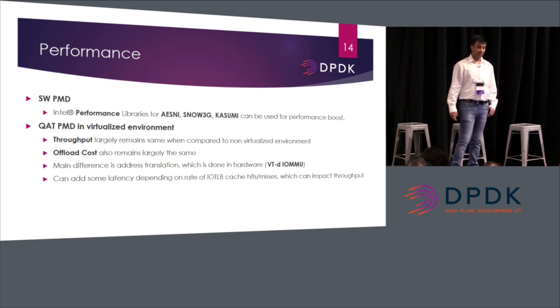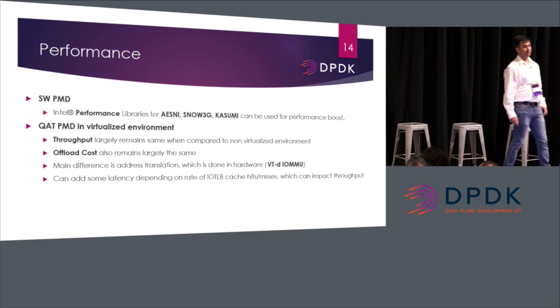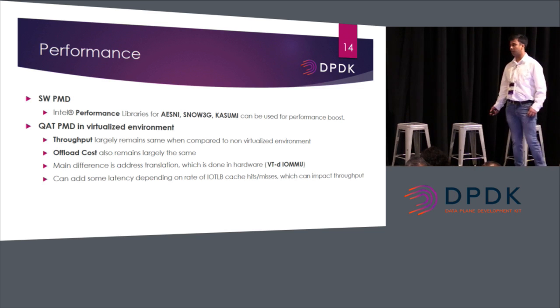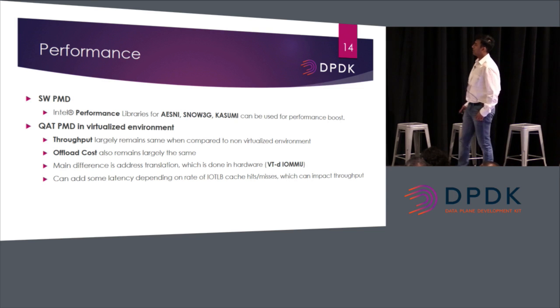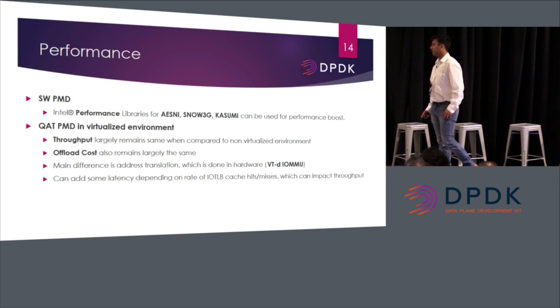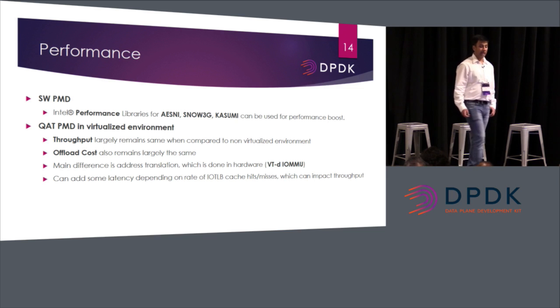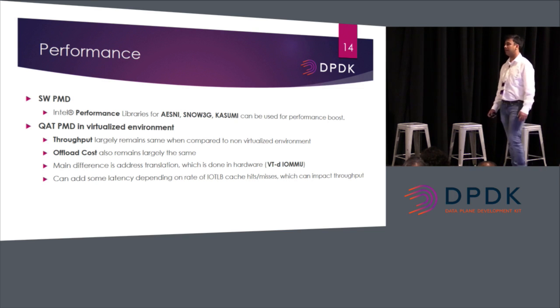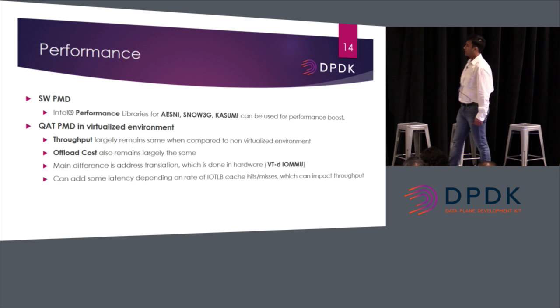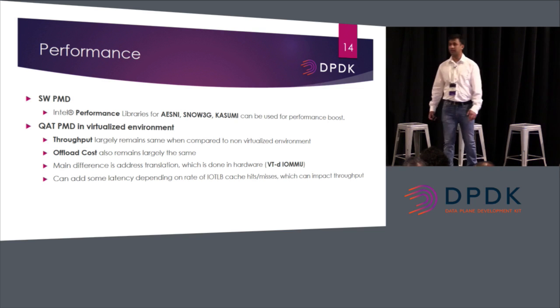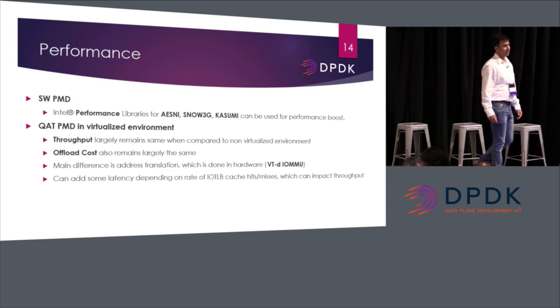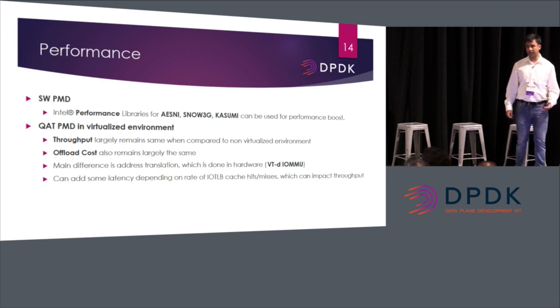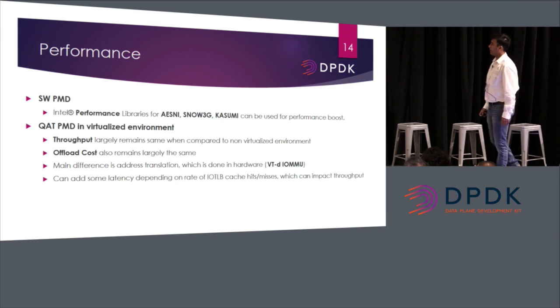On the QAT crypto PMD, what we measured on the host is what we can expect. But the important part was to see how we are working in the virtualized environment. Are we really degrading on throughput, or have we seen the offload cost go up? What we have seen in our experiments is the throughput and offload cost remain largely the same. There is a very minor effect in the virtualized environment.